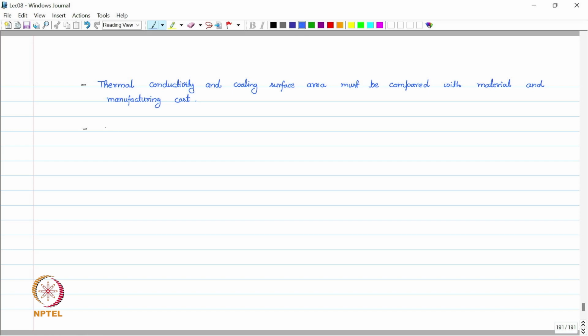Most heat sinks are made from aluminum, because of its low thermal resistance, lightweight, and low cost.